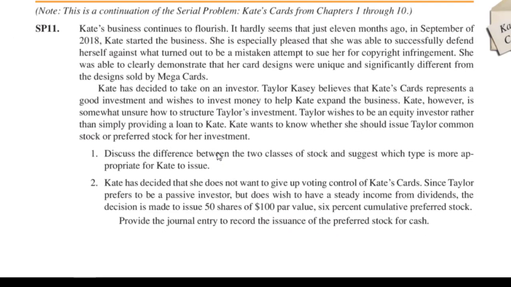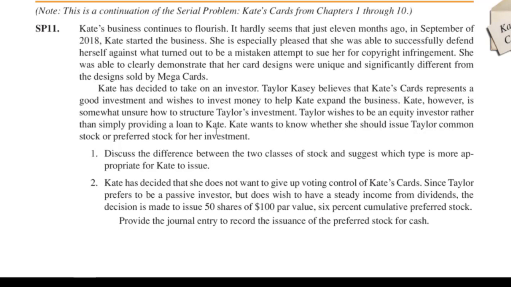In chapter 11, we're going to look at different types of stock. Stock is basically an investment. When we talk about stock, we mean that other people are investing their money in the organization. An investor becomes an owner, and there's a difference between an owner and a lender.